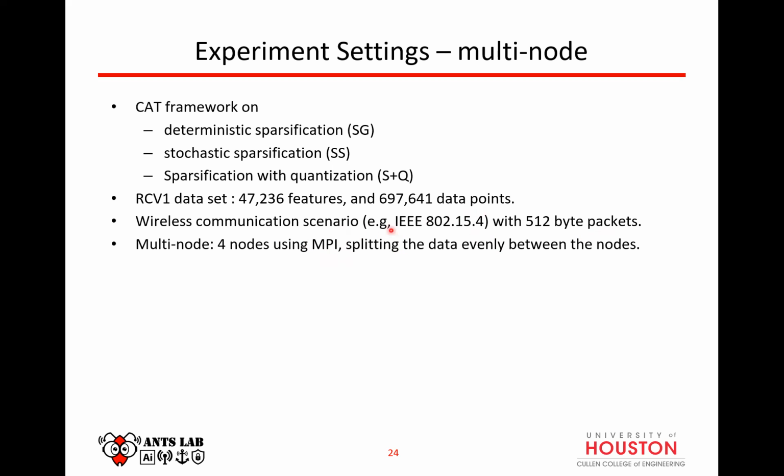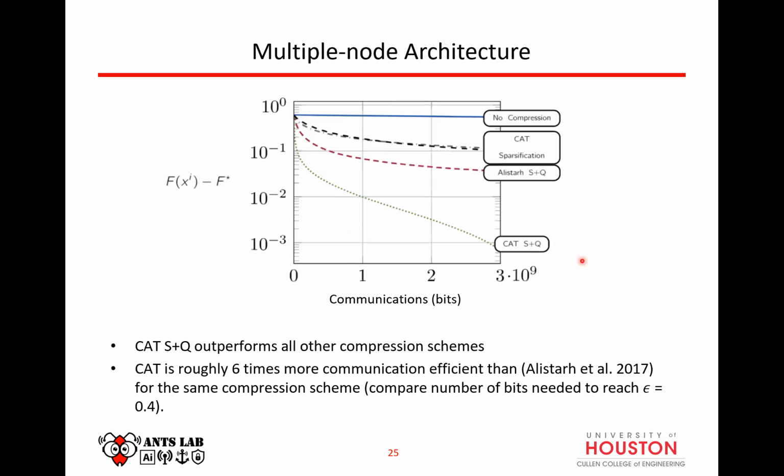And they split the data evenly amongst all the nodes. And the result of running that, the loss over the communication in 10 power 9 number of bits, would look like this. For no compression, iteration by iteration, there would be no difference in the communication bits. It would be the same.